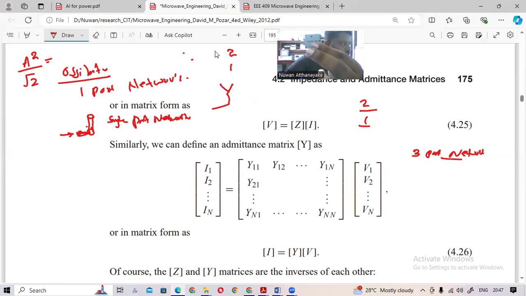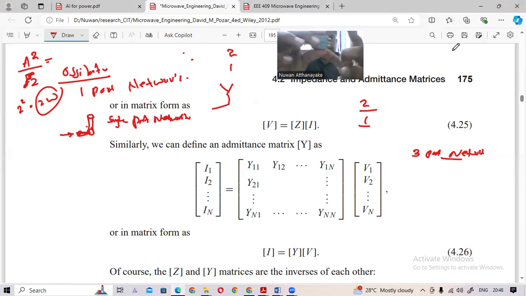So A is 2, 2 squared is 4, divided by 2 is 2 watts. So it is 2 watt power. So 1 watt of power will come out here.